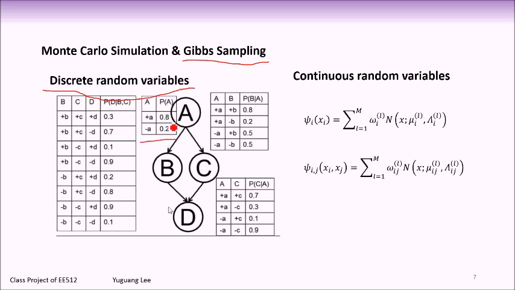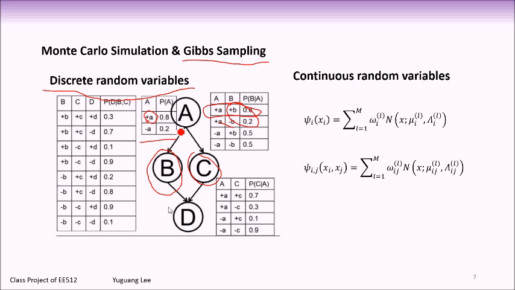We have the distribution of A, so I randomly take a sample of A, and based on the state of A, I use the conditional probability to find the sample of B and the sample of C, and now I get the states of B and C. I could build a new conditional probability based on B and C, and find another sample like D. Then I take the set of samples A, B, C, and D, and repeat this process again.